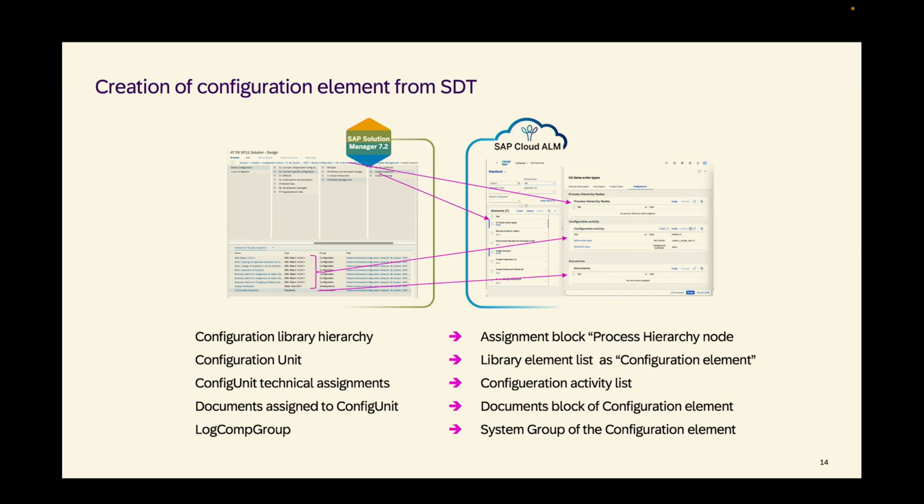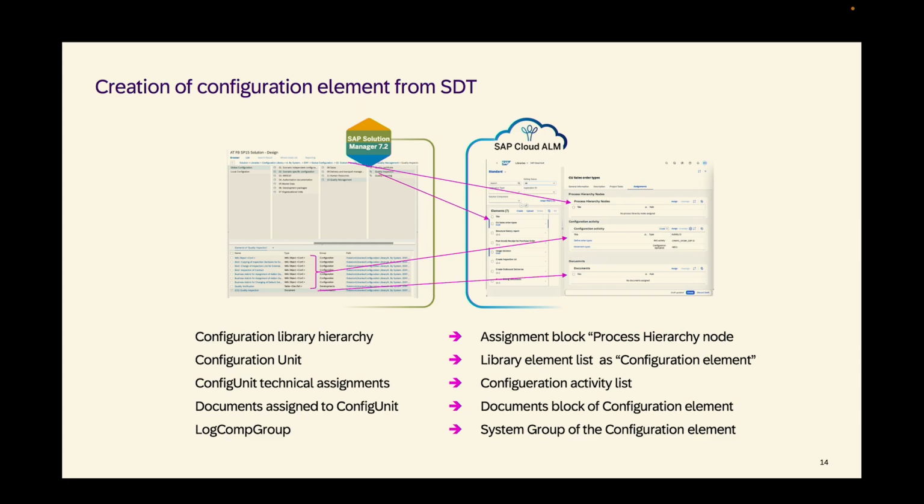Cool. How does it relate to the good old world of SAP Solution Manager? Because one of the reasons why the libraries exist in SAP Cloud ALM is that you would like to bring the old content from Solution Manager into the new beautiful world. And it relates very closely. Why? Because you see from Solution Manager the hierarchy in which the configuration units have been stored is directly going to the process hierarchy relation.